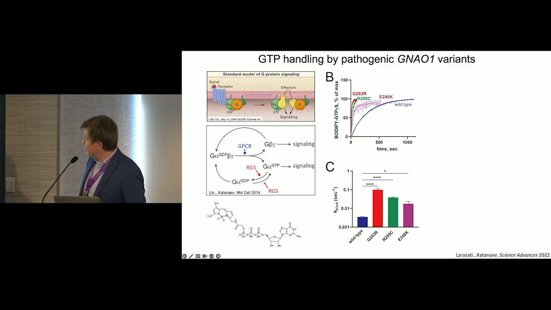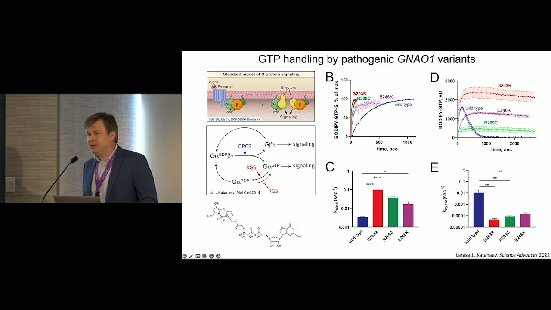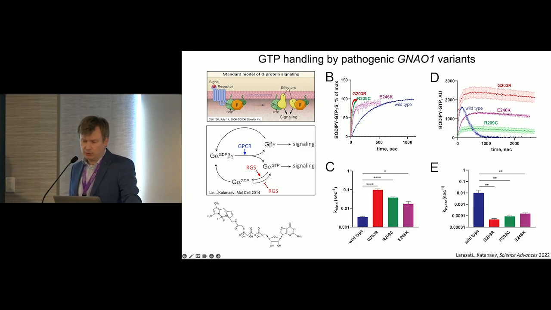When we look at several mutants, you can see that the rate of GTP uptake is dramatically faster for the mutants than for the wild type, by about 2 orders of magnitude. At the same time, many mutants, including these 3, which are among the 3 most frequent ones, lose the ability to hydrolyze GTP. So the wild type curve would look like that: there is an increase when the GTP is bound, but then the fluorescence drops. This is when GTP is hydrolyzed. But the mutants take GTP up and essentially don't hydrolyze it.